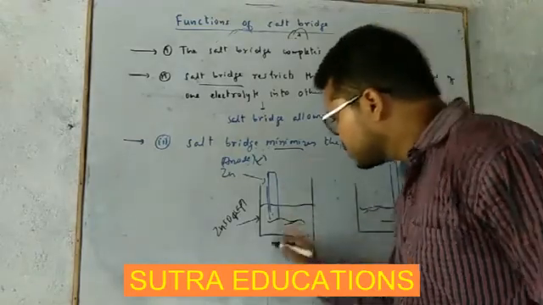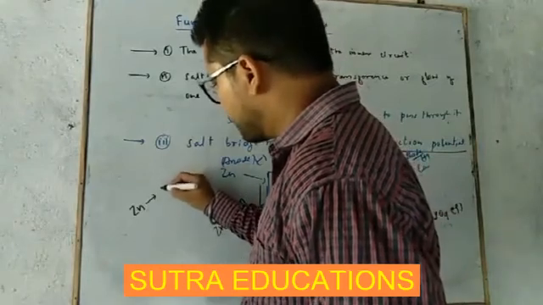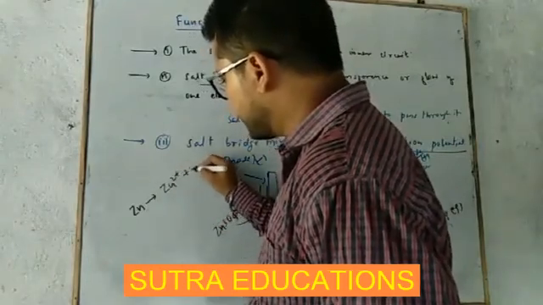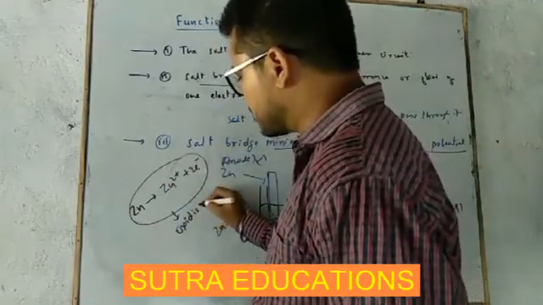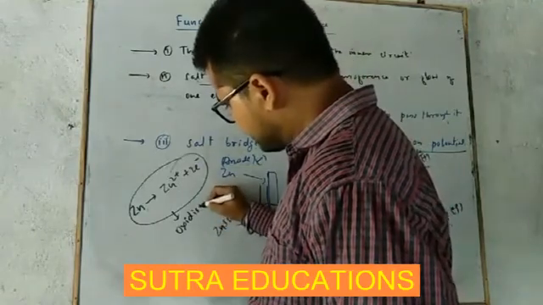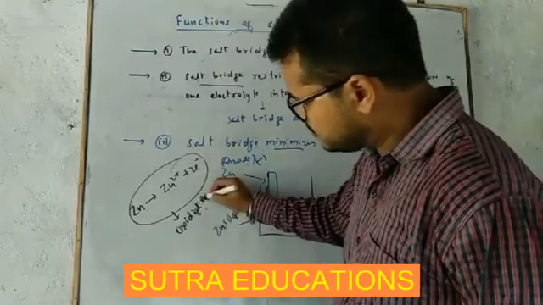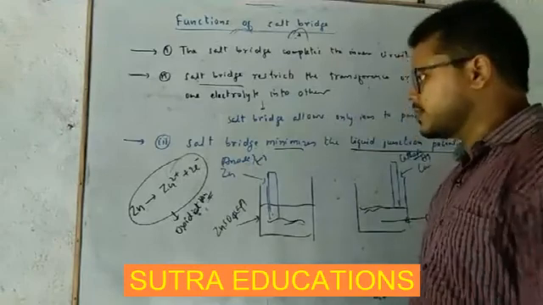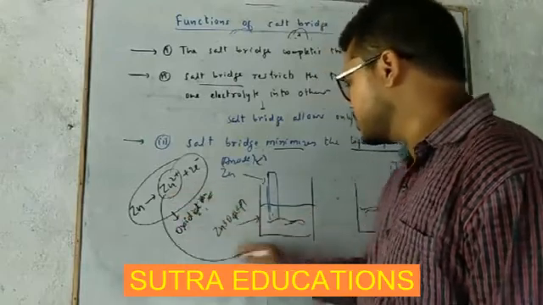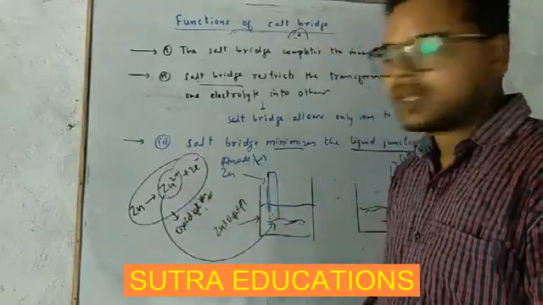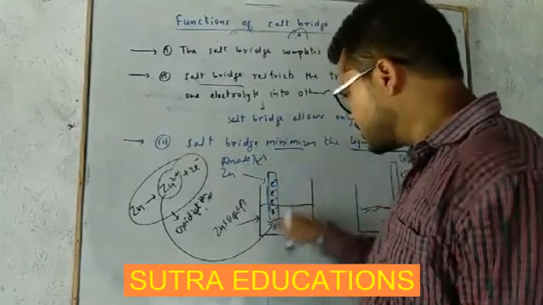It is zinc, and I told you zinc has a tendency to convert into Zn2+ by releasing 2 electrons, or we say it is oxidizing, or oxidation is taking place. So in this case, what happened? This Zn2+ is coming into the electrolytic solution, and the electrons are accumulating on the zinc rod.